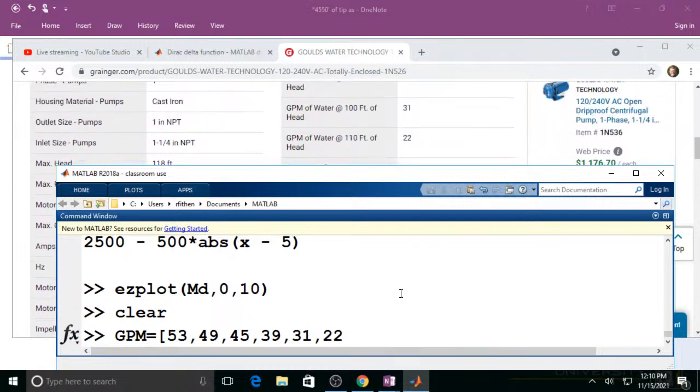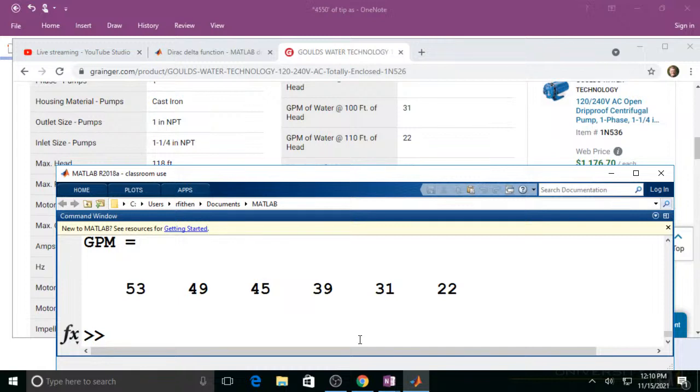Okay, and that's all I got. So that'll give me the gallons per minute of water. Now I've got to do head. So how about I call it just H.